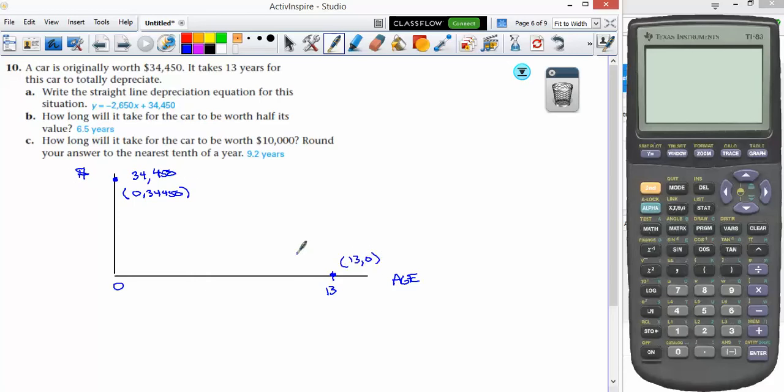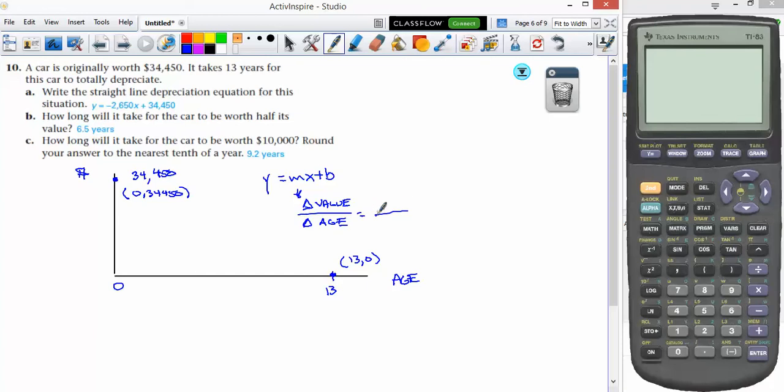Okay. If you look at y equals mx plus b, and we want to focus on the m right now, this is the change in value divided by the change, that's what the triangle means, change in age.